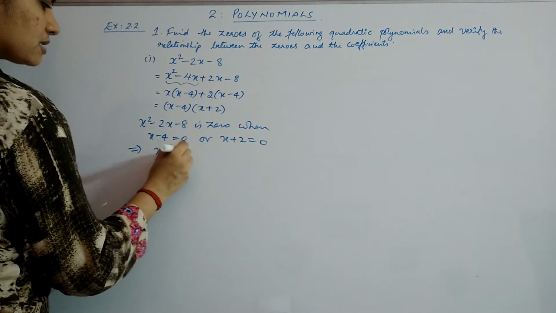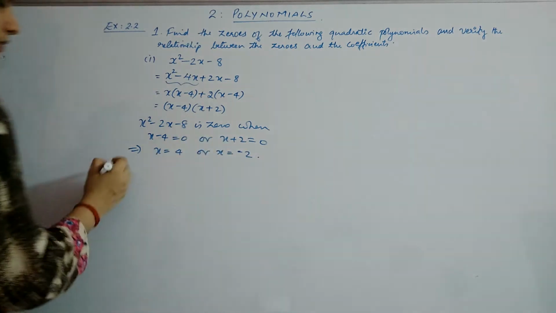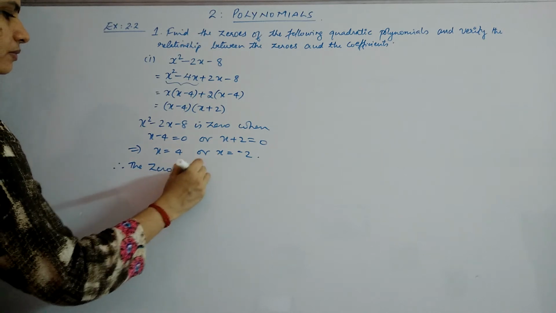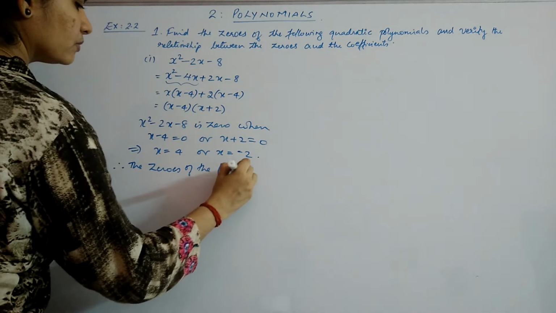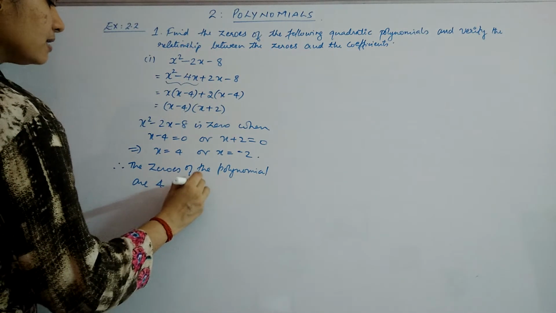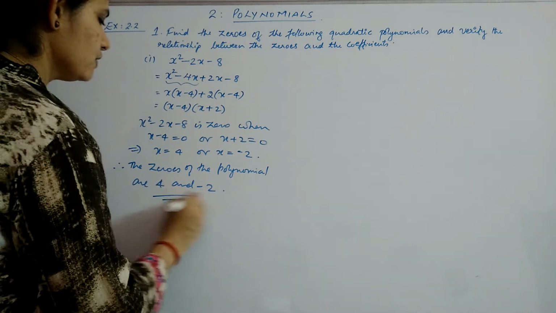That means either x is equal to 4 or x is equal to minus 2. Therefore, the zeros of the given polynomial are 4 and minus 2. Okay, so this is your first part.